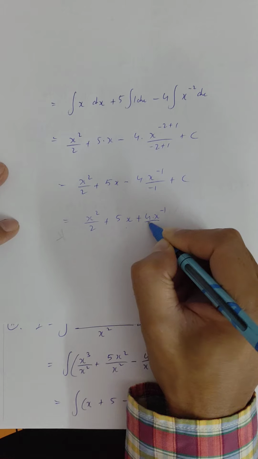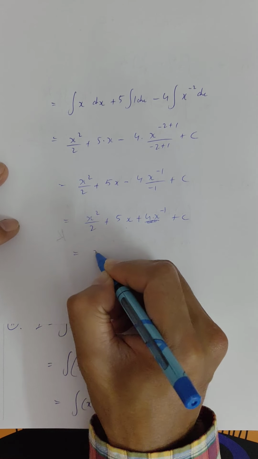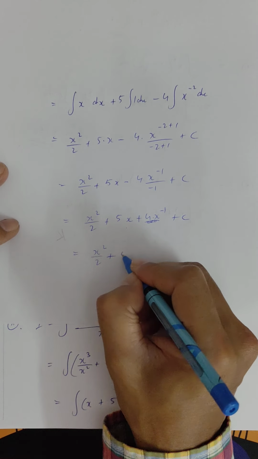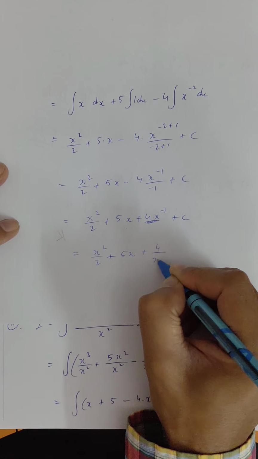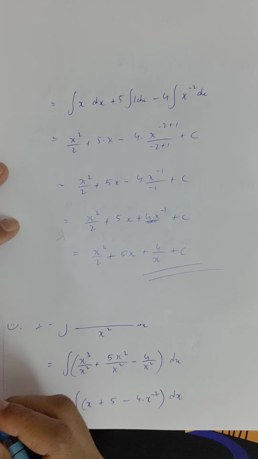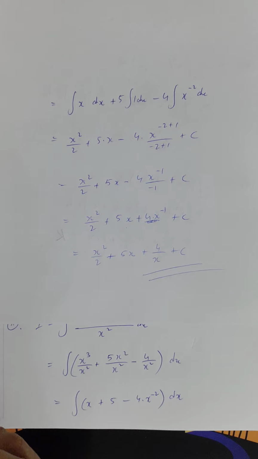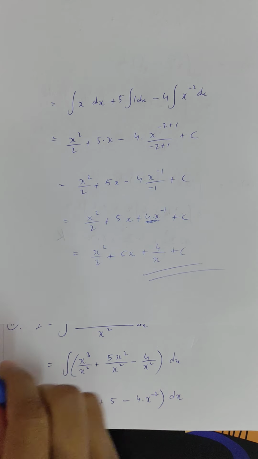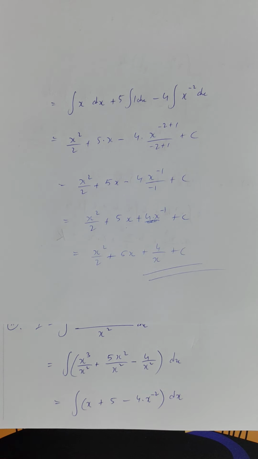Okay, let me write one more step, no problem. So what do we have? x squared by 2 plus 5x plus 4 by x plus c.